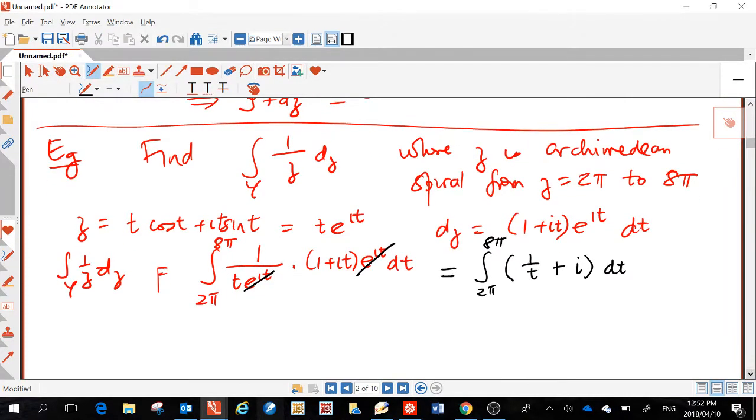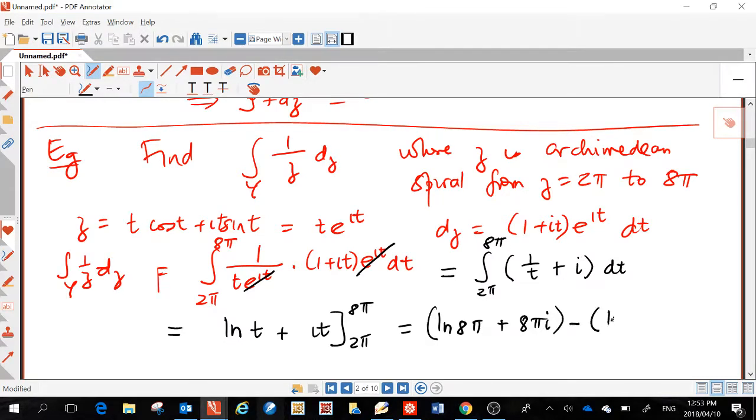And now we are in the simple integrals. The integral of 1 over t is ln t, plus it, and the limits are from 2 pi to 8 pi. So this gives us ln 8 pi plus 8 pi i, substituting the 8 pi first, subtract ln 2 pi plus 2 pi i.